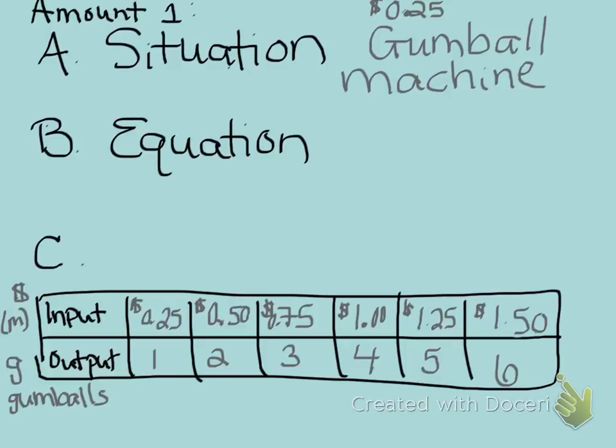Okay, so for your equation, you need to find the pattern, or you need to find what you're doing to the input to get the output. So mine increases each time by 25 cents, and my input increases by 1.